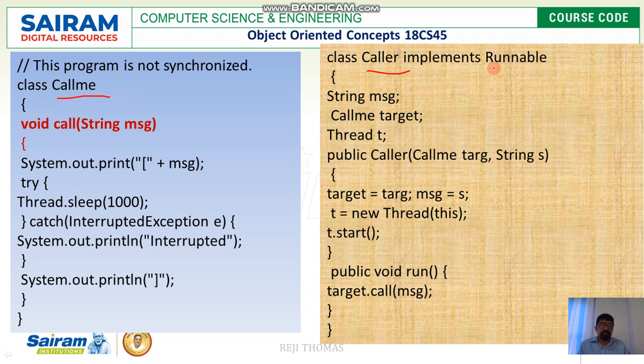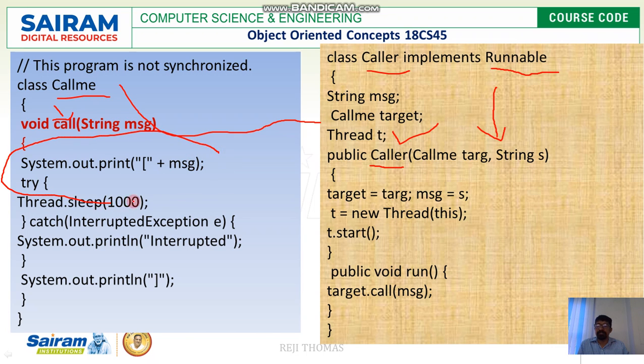The Caller class implements the Runnable interface, where I've created an object of the class Callme called target, and an object of the class Thread. This is the constructor for Caller. There is a method called call, which is going to print a message.